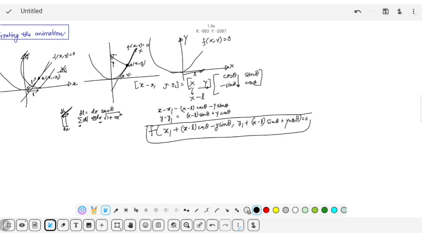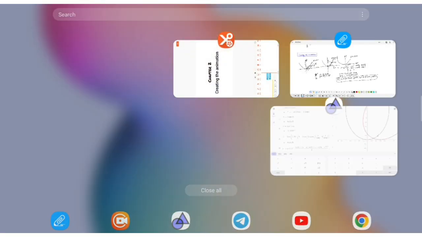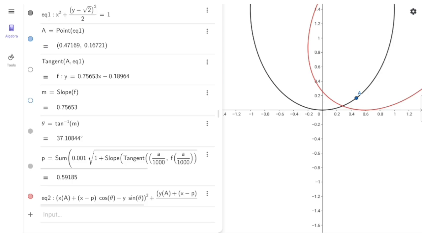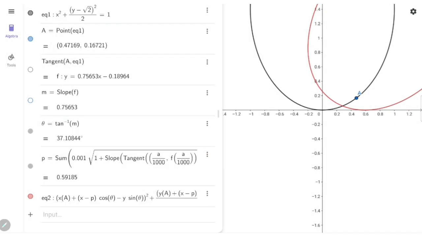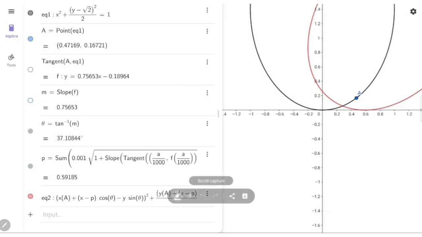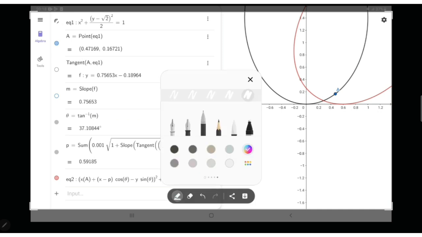So as I have this, now let me show it in GeoGebra how I did it. I have opened GeoGebra, and in equation 1 you can see what I have written. Let me change the color for one time.